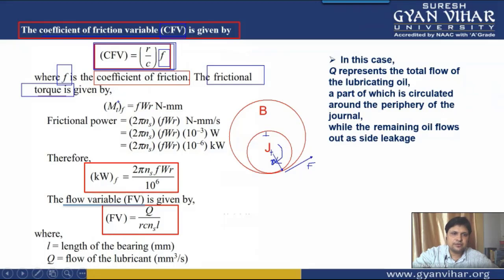And if this is the load acting on the bearing, then according to the law of friction, F is equal to mu W. This direction is wrong. Actually, this is R, and this R will be equal to the load that is acting, that is W.